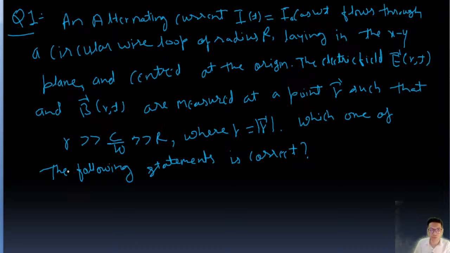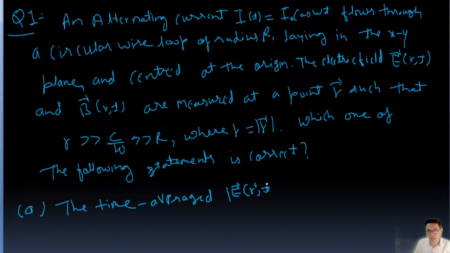I'll write those options. Option A, the time averaged mod E, which is a function of r and t, is proportional to 1 upon r square.